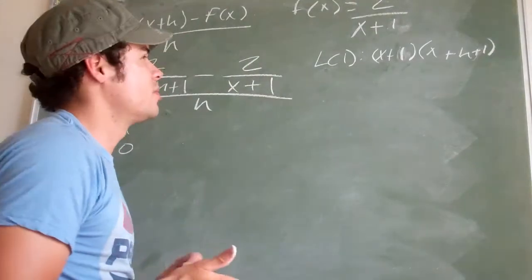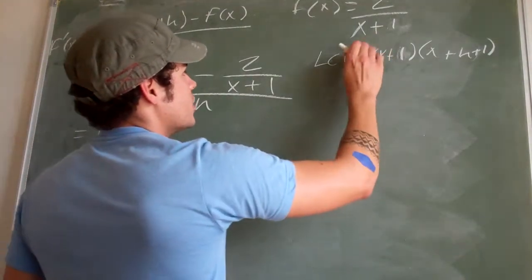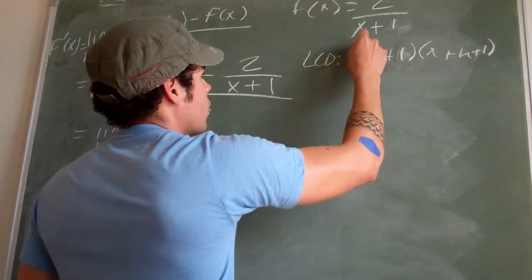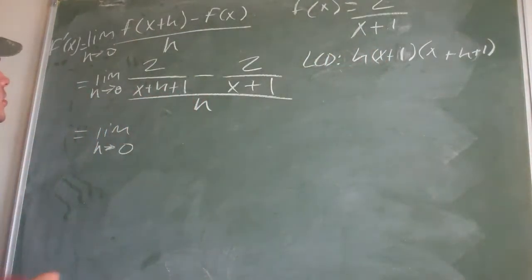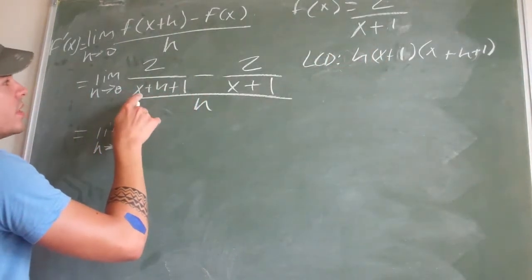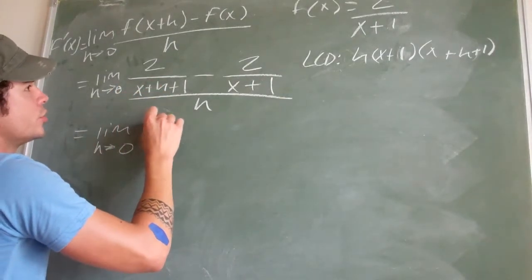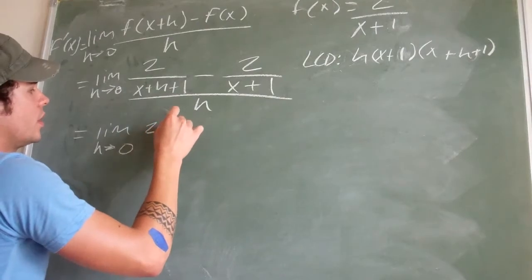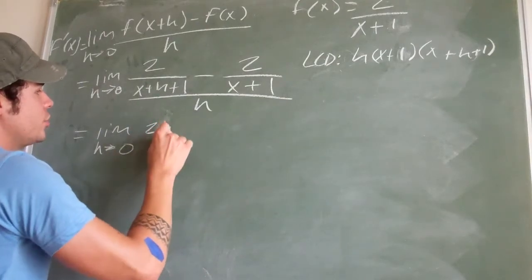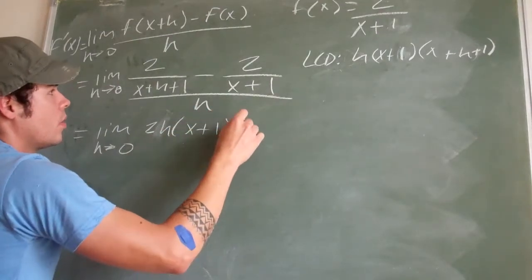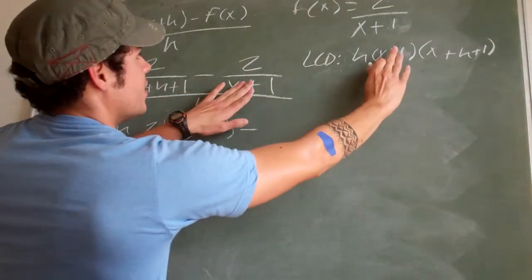let's just do the bottom too. We might as well do the bottom, right? Let's do it. So the LCD in this case is going to be, okay, so what do we have here? Well, this is going to cancel out on this side, right? So we have 2h times x plus 1, minus, this is going to cancel out here, right?